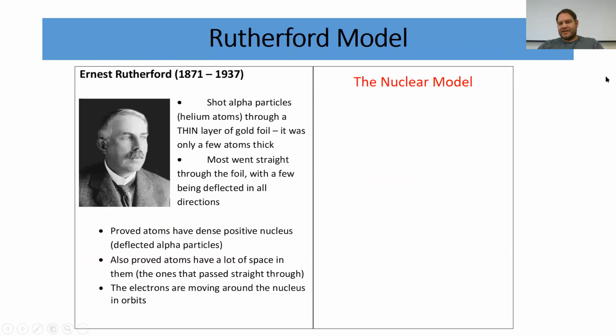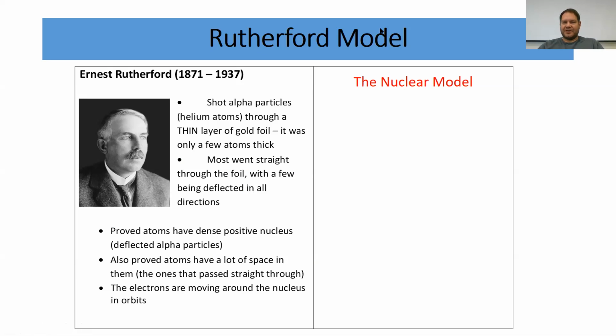So with this, obviously Thompson's plum pudding model is wrong. And so, like before, we need to make some corrections. We need to modify our model into a new model with the new understanding that comes from the gold foil experiment. So Rutherford is going to come up with what is called the nuclear model of the atom.